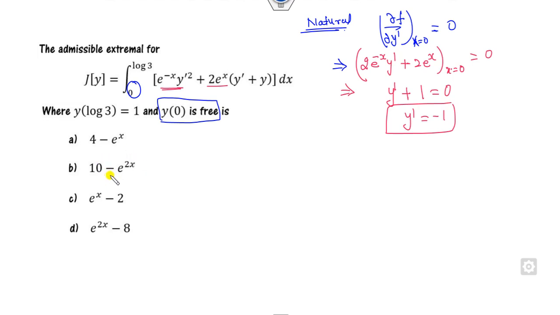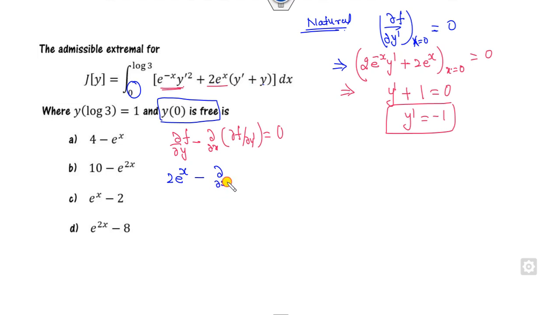Now look at this extremal, with the condition in terms of the exponential. We start with the Euler equation: the partial derivative with respect to y is 2 e raised to power x.